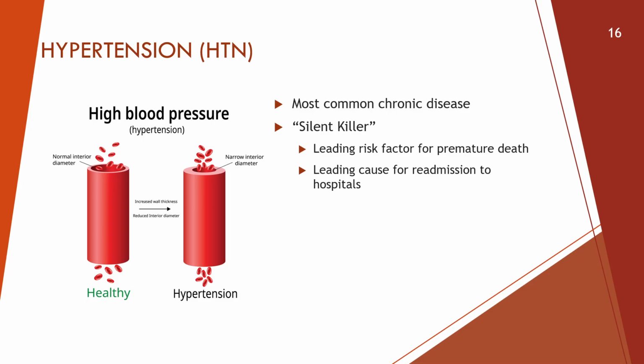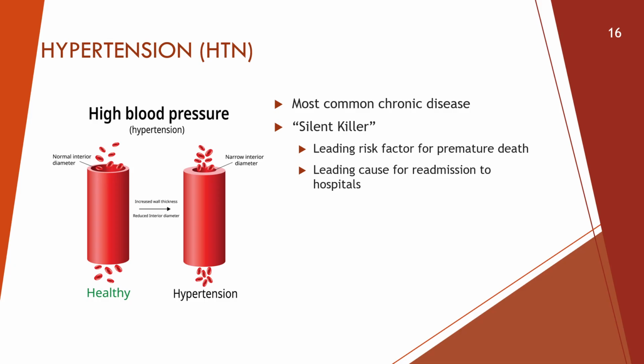Now let's talk about hypertension. And just to be clear, this is the medical term for high blood pressure, and it's going to be the most common chronic disease out there. It's known as the silent killer because it doesn't have any signs and symptoms initially. But over time, hypertension doesn't just affect the heart, it's going to affect perfusion, circulation throughout the body.